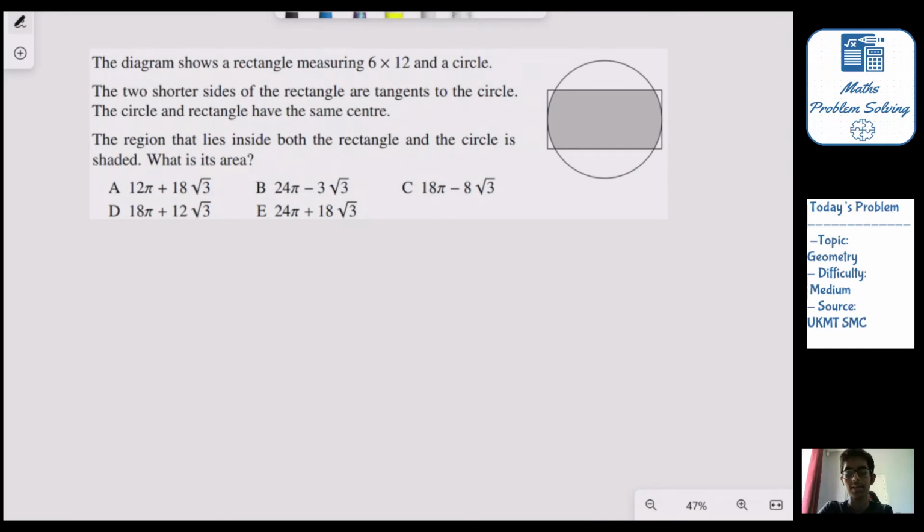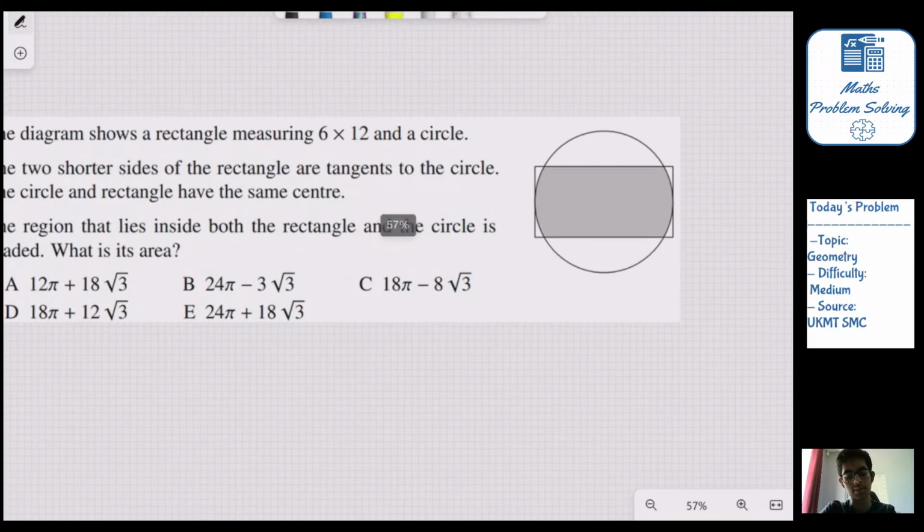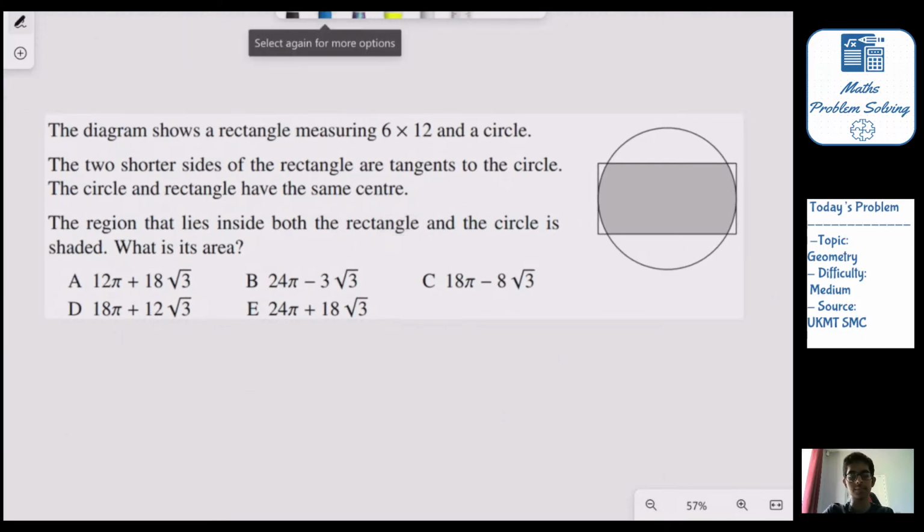So this basically shows a rectangle with length 6 and 12 as the two side lengths to this rectangle, and this is a tangent to this circle. So let's just label the center over here. What the question is asking us for is this shaded area.